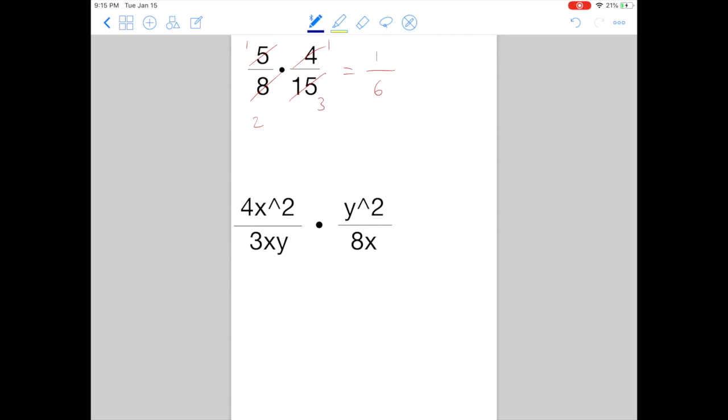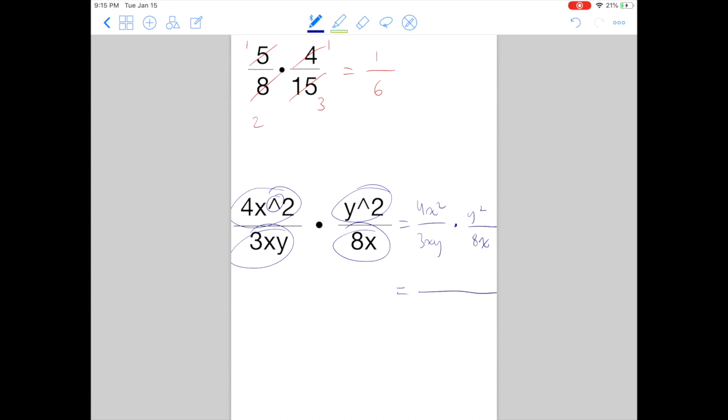And for the rational example, what we first want to do is combine these two, this one and this one. But first, let me just rewrite the equation, as it may be confusing to some of you because of these signs. So it's actually 4x squared over 3xy times y squared over 8x.